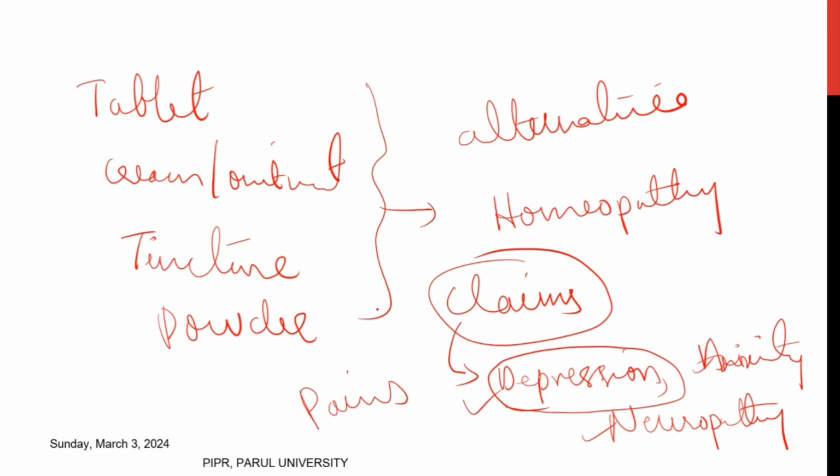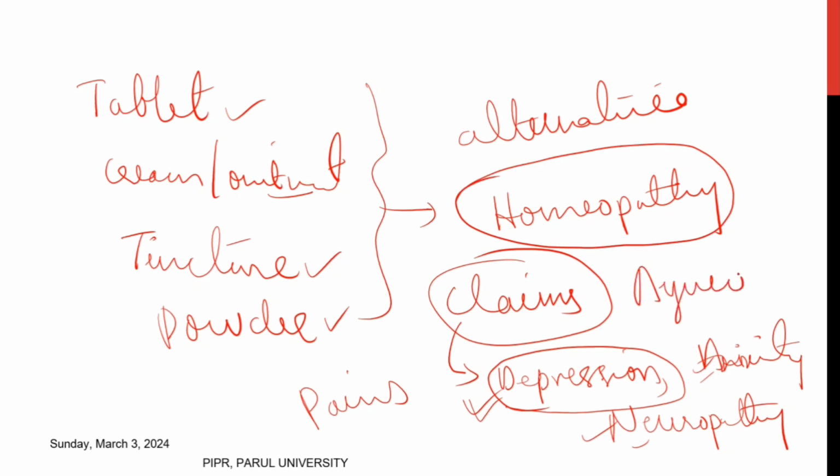Now, so far what we have discussed is that St. John's wort, Hypericum perforatum, is available in tablet form, ointment, tincture form, and powder form, and it is used in depression, anxiety, neuropathy, and different pain conditions. And along with this, it is used for different conditions. All these claims are made by homeopathic and alternative medicines, and in Ayurveda also.